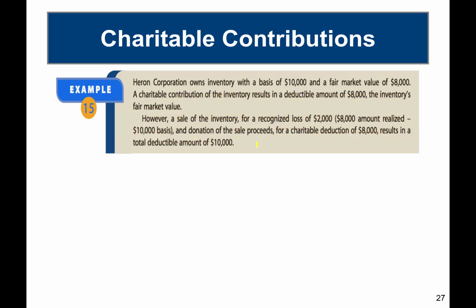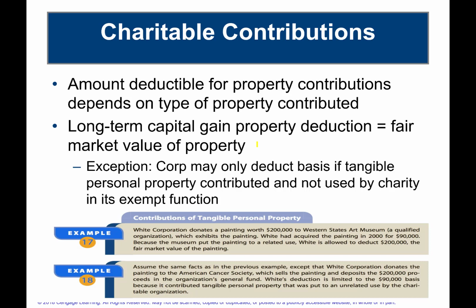Okay, now you take a look, and the amount deductible for property contribution depends on the type of property contributed. Long-term capital gain, the deduction is what? Fair value. Exception. If we go ahead and we donate the property and it's not used by the charity in its exempt function, then I have to use the basis.